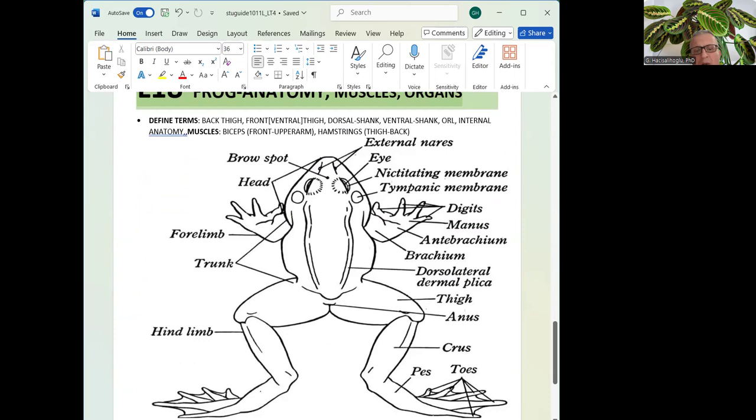As you see here, a typical frog picture with the basic anatomy parts all labeled on the frog. You can study it from here, and also look at each of these slides and make sure you are familiar with the frog system. To recap, this is Module 4 in BSc 1011 lab.